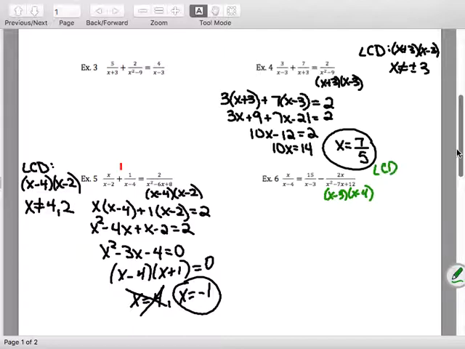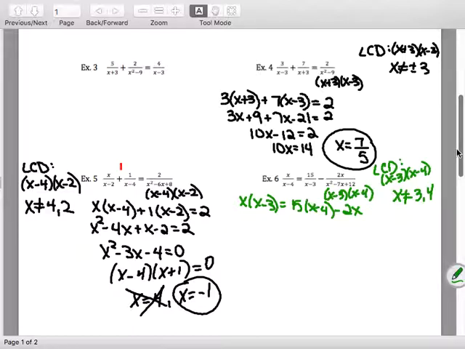I'm not done returning them, but I want to go ahead and work on this. So my LCD is x minus 3, x minus 4. So x can't be 3 or 4. I'm going to do this one mentally. That's x times x minus 3 equals 15 times x minus 4 minus 2x. I am mentally multiplying everything by the LCD.